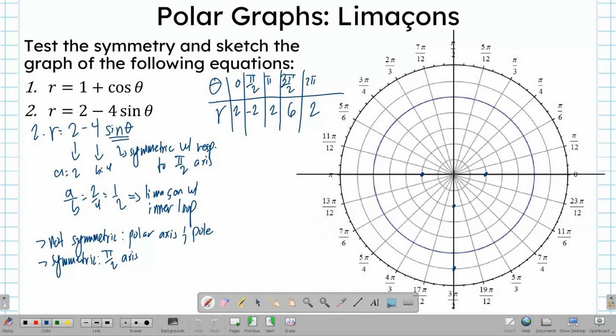I hope I can draw it correctly. It has an inner loop.